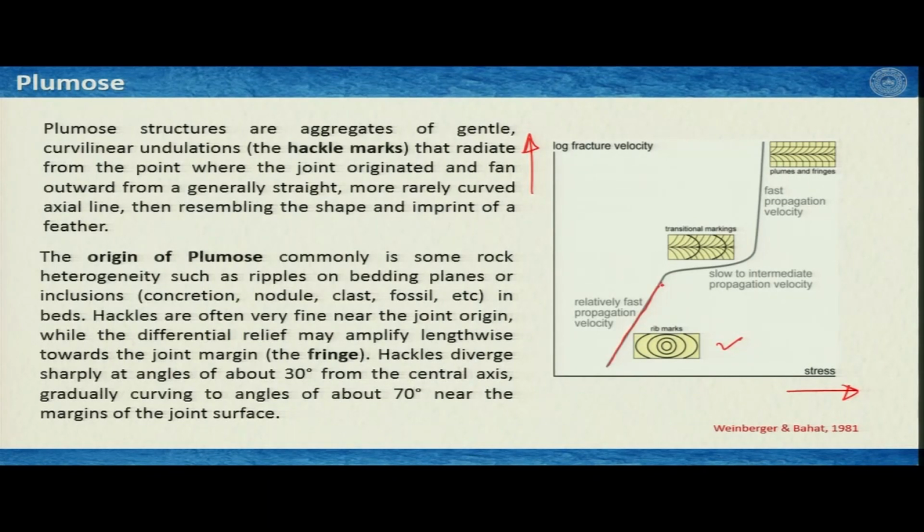If the velocity is more or less constant or very slow, but stress is intermediate, then we see some radiating rib marks and also plumose marks, and these are known as transitional markings. But if the fracture velocity is very, very high and also the stress, then we see features like this. So we see plumes and fringes. The rib marks are absolutely absent in this kind of tectonic setting.